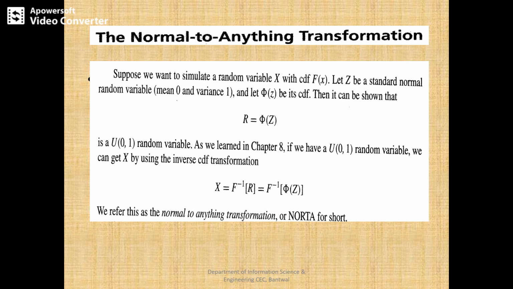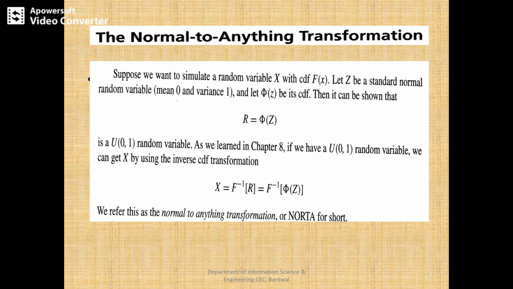X is equal to F to the power minus 1, that is the inverse. So X equals F inverse of R, which equals F inverse of phi of Z. We refer to this as the normal to anything transformation, or NORTA for short.